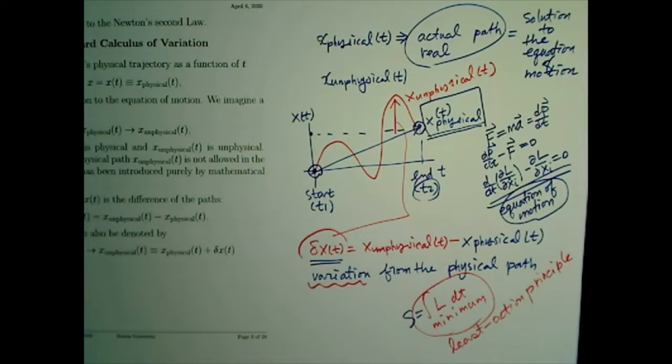And actually, the Euler-Lagrange equation is the condition for this action to have a minimum value or extremum value.